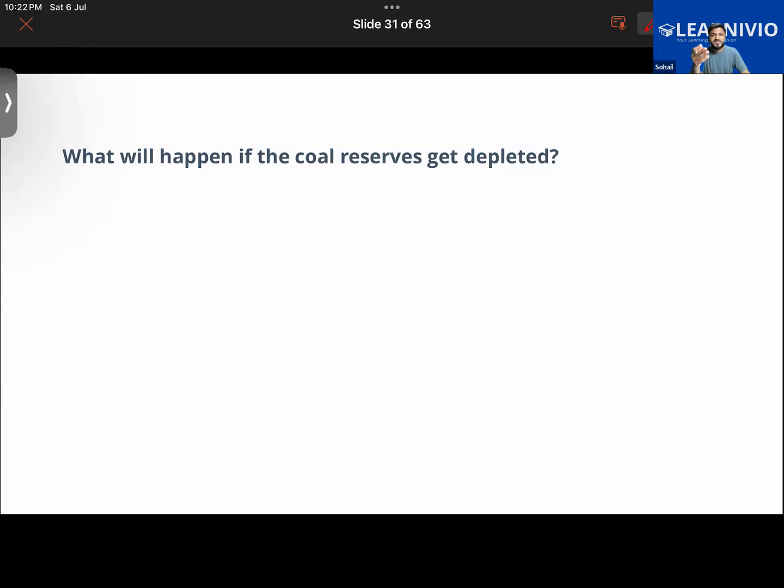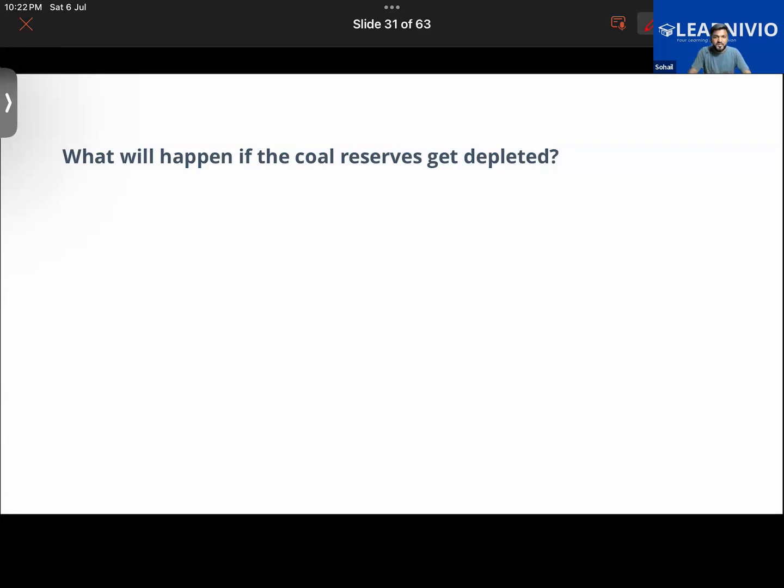It is used as a starting material in the preparation of certain medicines, explosives, naphthalene balls, and more. So that too would be impacted. We also get coal gas, which is also used as a fuel. It would become very difficult for us to produce energy and to obtain these products. Hence, we must use coal in a very efficient and judicious way.